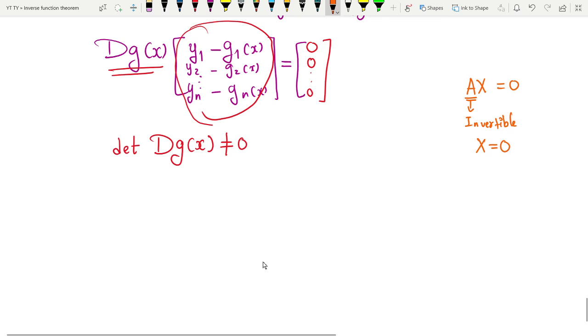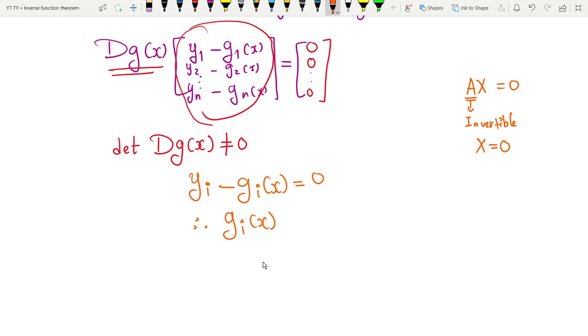So that means that column matrix is equal to 0. That means my yi minus gi of x must be equal to 0. Therefore, my gi of x must be the same as yi.